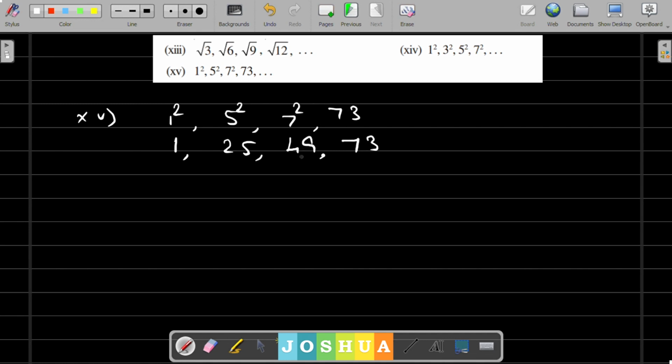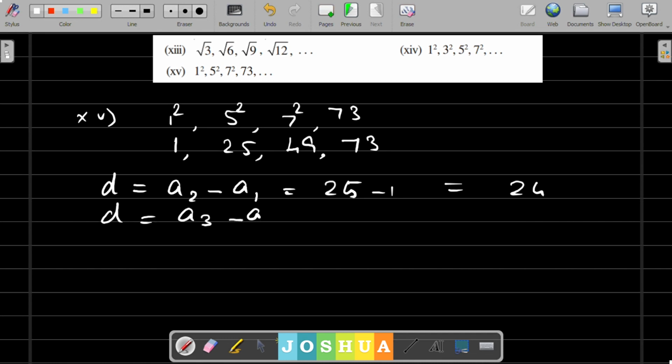It's 73, the given question is 73. Now I'm going to find the difference, the same process, a2 minus a1, that is 25 minus 1, which is 24.